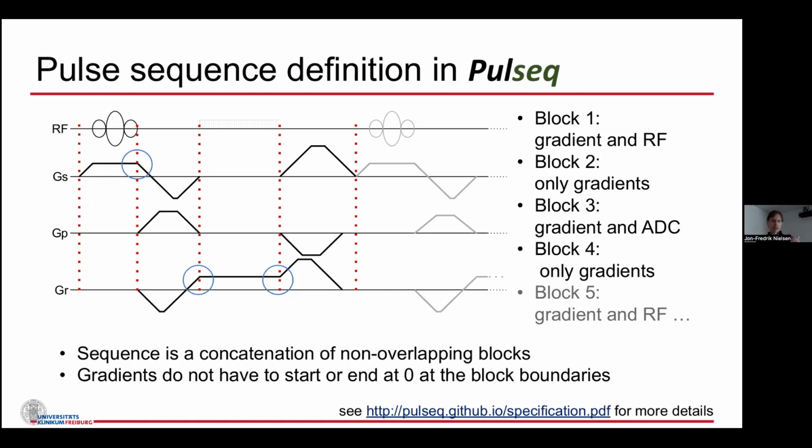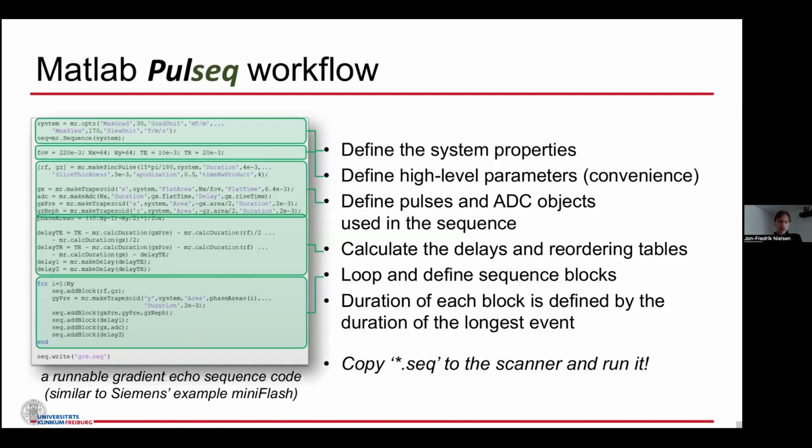So thinking about sequences in terms of these blocks is the starting point for how to put sequences together in PulseSeq. Here's an example of a MATLAB script that would generate a PulseSeq file. This is basically all you need.